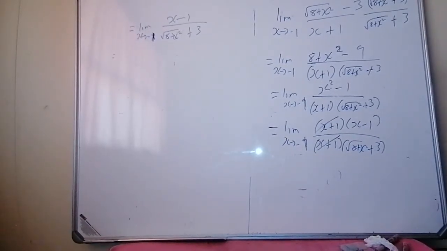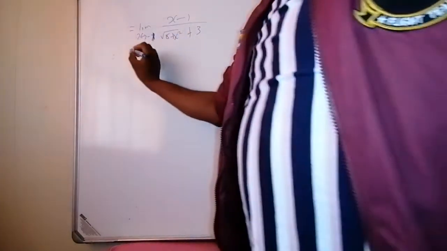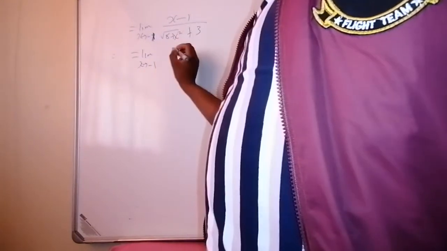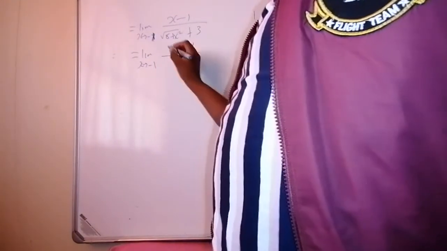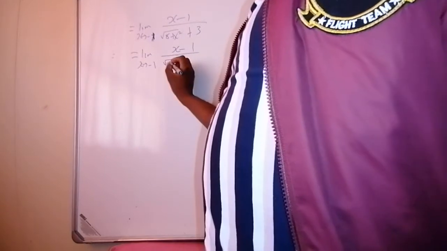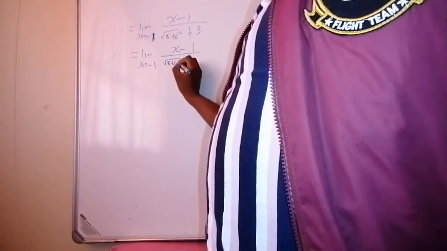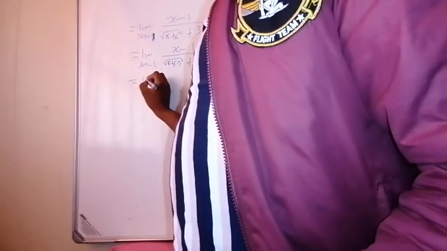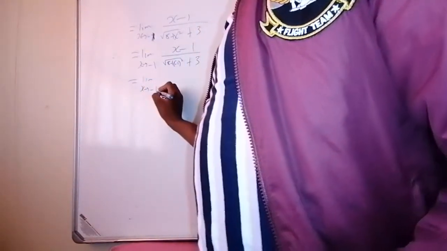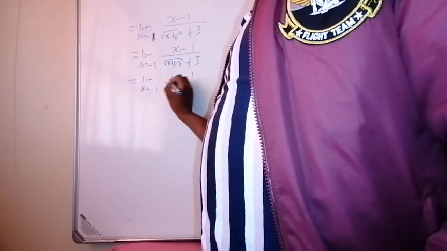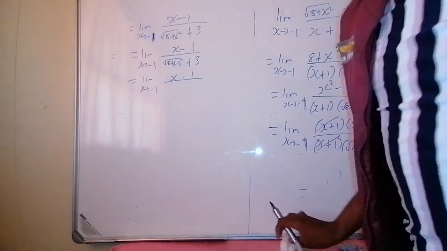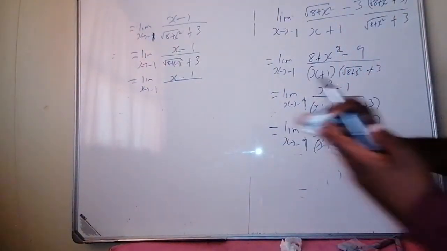Then from there we're going to substitute negative 1. So that's limit as x approaches negative 1 of x minus 1 over square root of 8 plus x squared plus 3. We need to substitute the limits there.